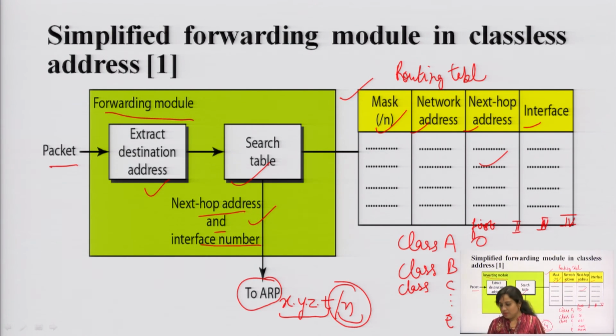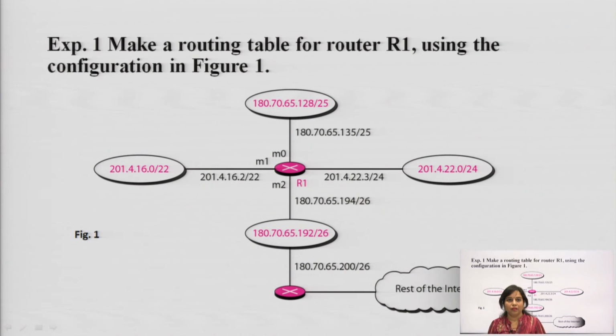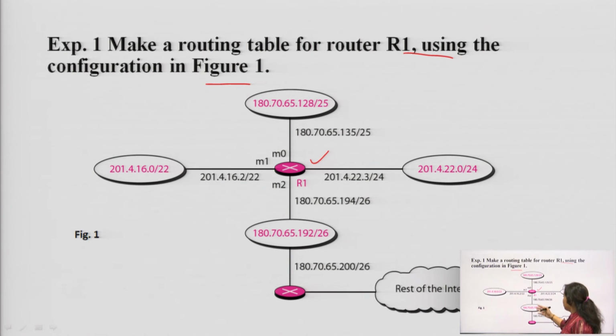So, this is a simplified version of the forwarding module in the classless address when we are not strictly concerned with the classes that are being used. Next one is to make a routing table for router R1. This is router R1, using the configuration that is used in the figure. This is an example that I have taken just to show you how this particular address will be maintained.